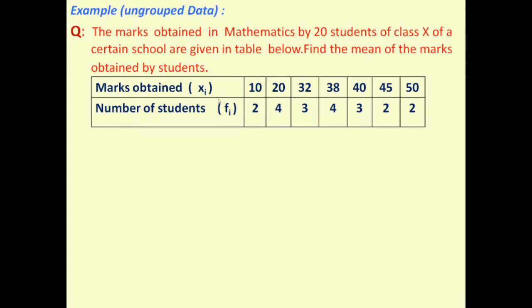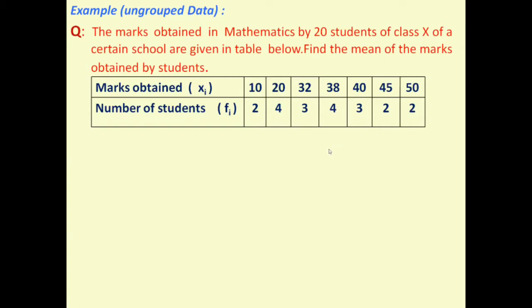Marks obtained, we take as xi. 10 marks obtained by 2 students, 20 marks by 4 students, 32 marks by 3 students, 38 marks by 4 students, 40 marks by 3 students, 45 by 2 students, 50 by 2 students.